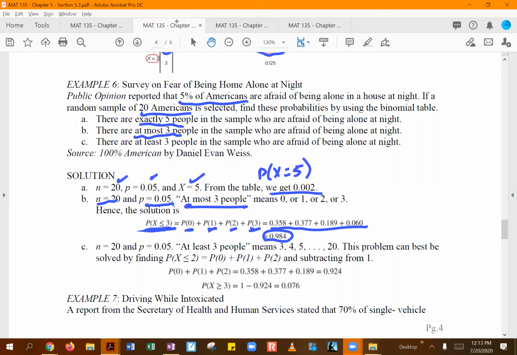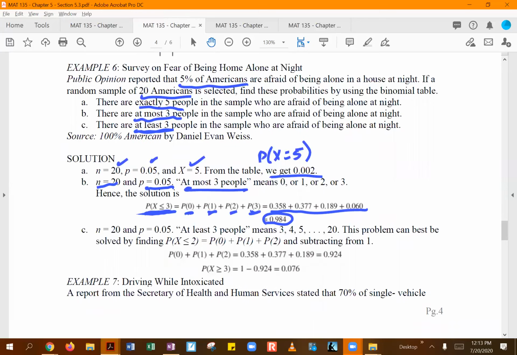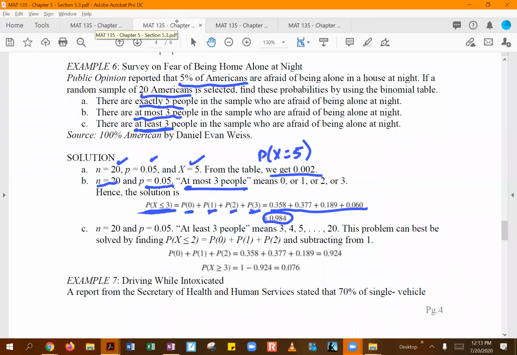Part C, kind of the example we just looked at, this is talking about at least 3 people. So when we are talking about at least 3 people, if you look at the description over here, of course, n is 20, probability is still 5%, 0.05. So when we're saying at least 3 people, that means anywhere from 3, 4, 5, all the way up to 20 out of that sample size of 20 could be afraid of staying home at night.